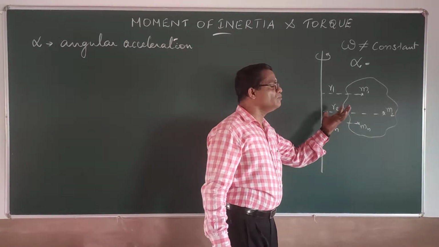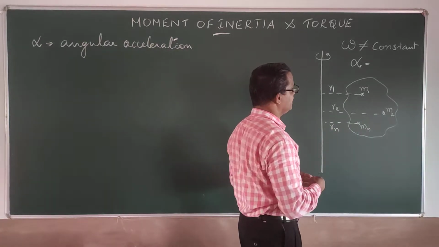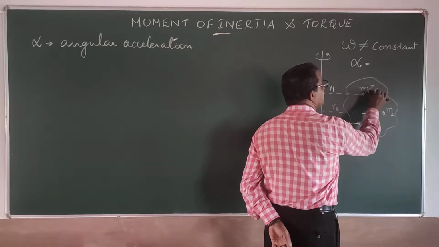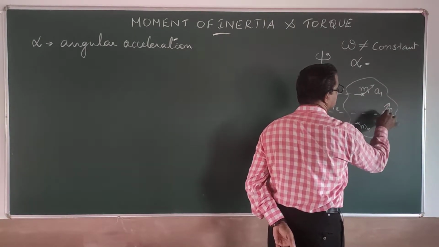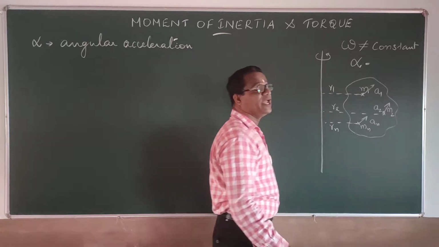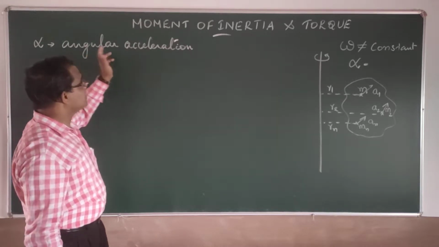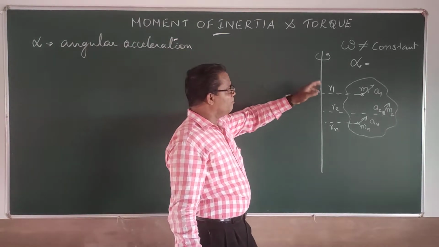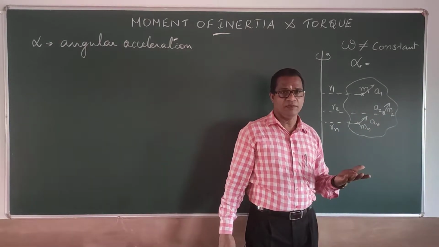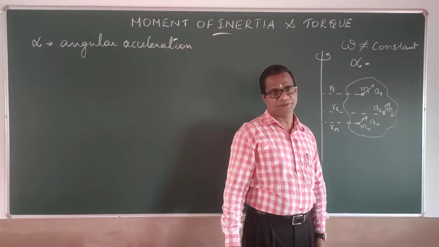Now, as the body moves around, every mass particle is moving, and suppose M1 is moving with a tangential acceleration A1, M2 with A2, like that, Mn with an acceleration An. Even though the angular acceleration alpha is constant, the individual tangential accelerations of the mass particles will vary because they depend on the distance from the axis of rotation.